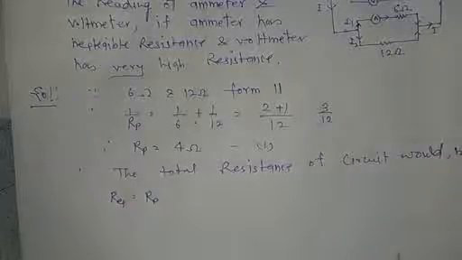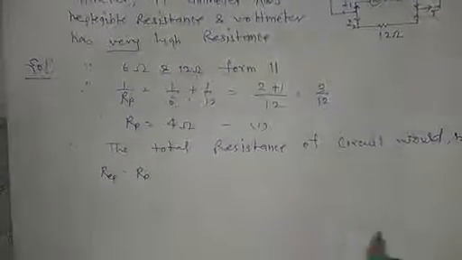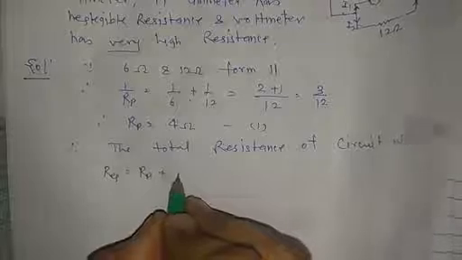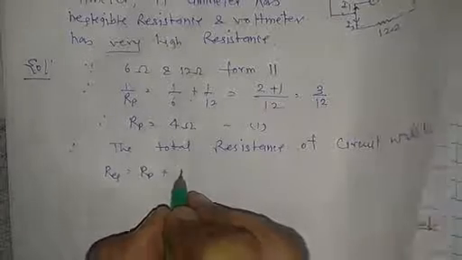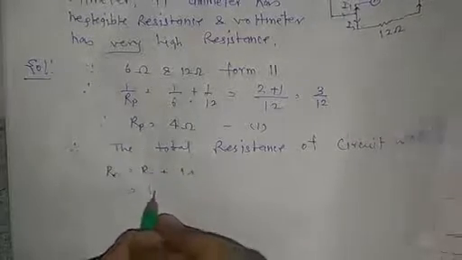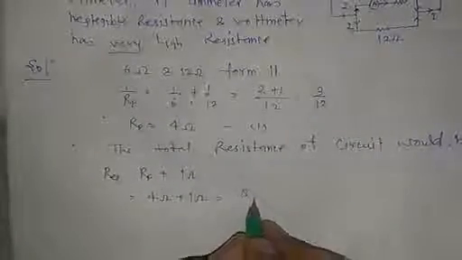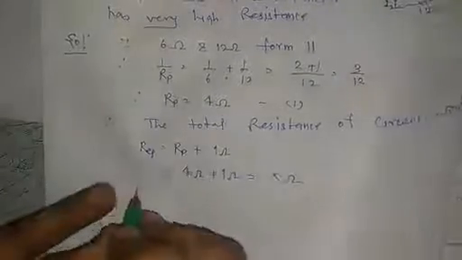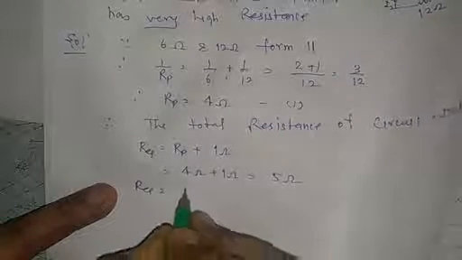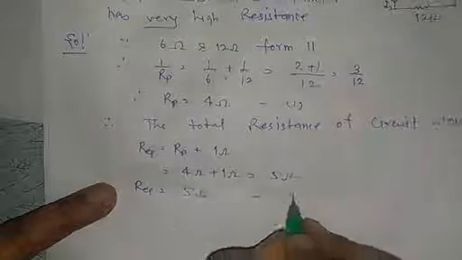We can write it as R equivalent equal to Rp plus 1 ohm. That will give you 4 ohm plus 1 ohm equal to 5 ohm. So you have your R equivalent equal to 5 ohm. That's the second part.